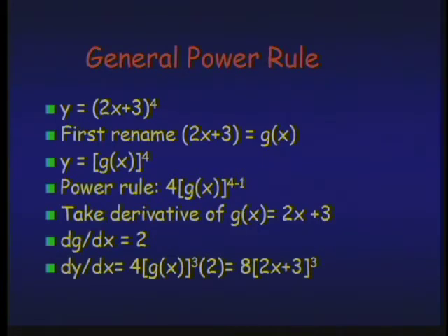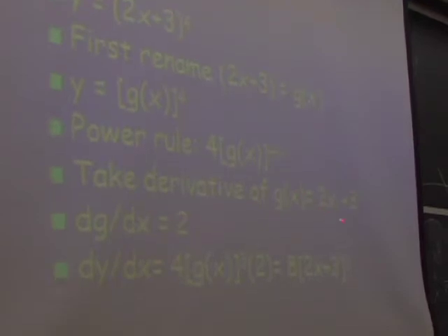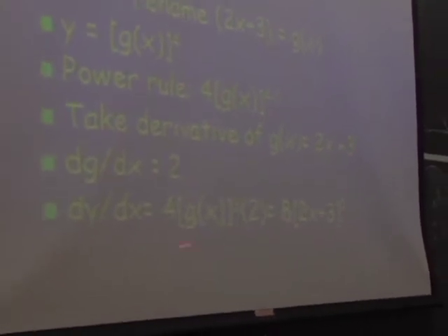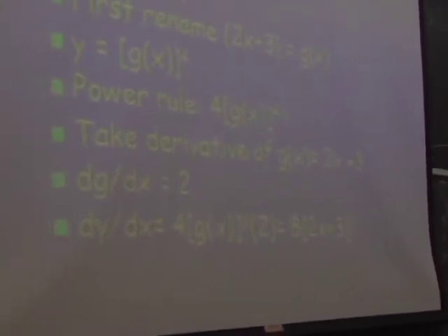So here is actually a slightly easier version where the inside function is 2x plus 3 as opposed to x cubed. Okay, and you use the power rule. You work out the outside derivative, and you work out the inside derivative, and you multiply that times that to get you the final answer.